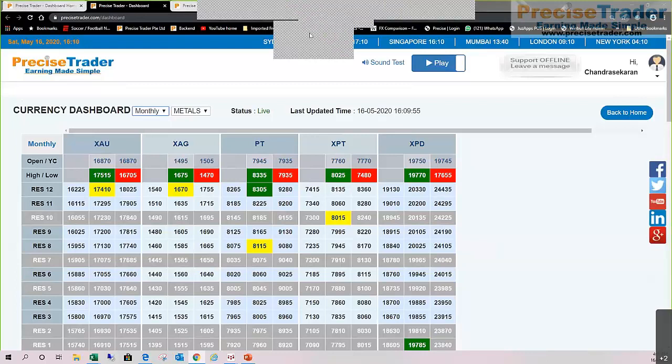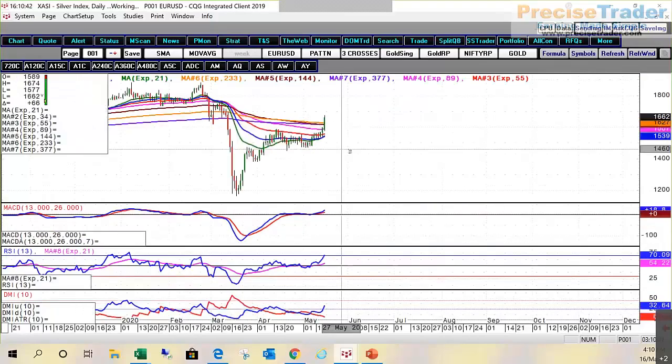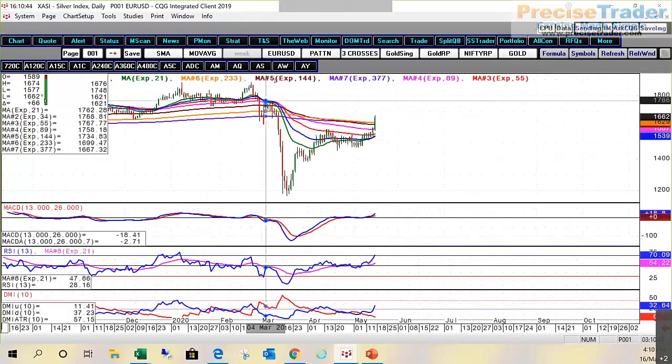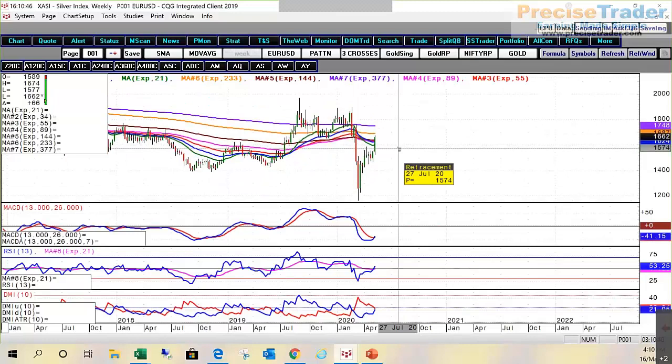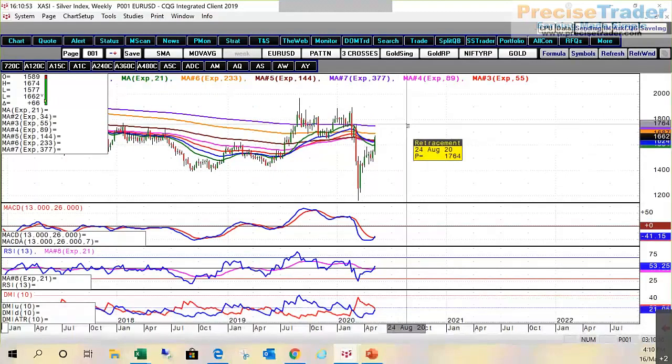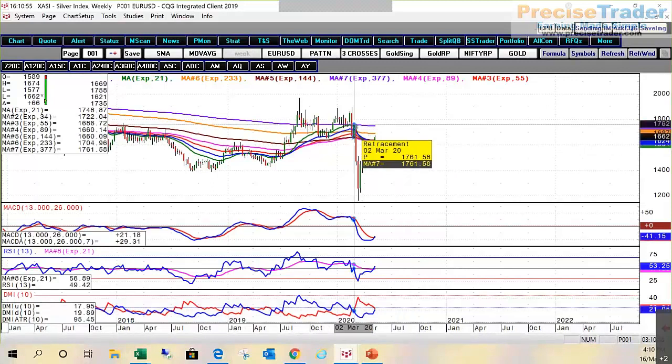Let me verify that with the chart. Looking at this, definitely it's already out of the range and closed on the high. So it looks like we may test 1755, that is 1760.